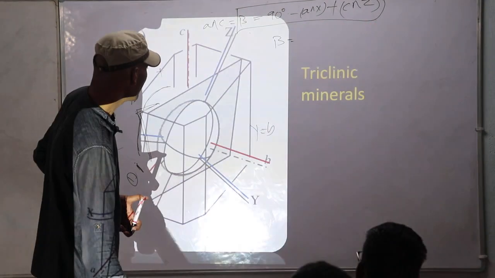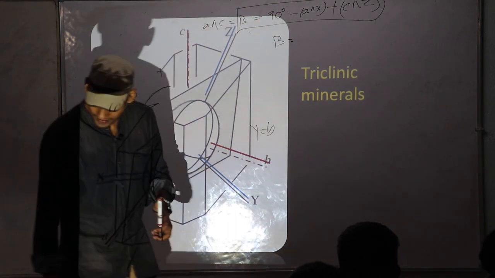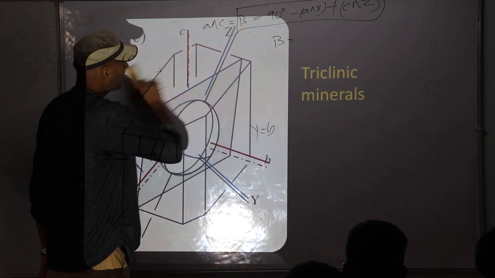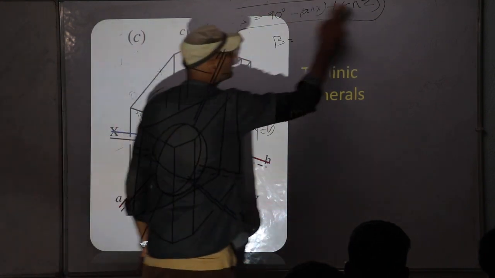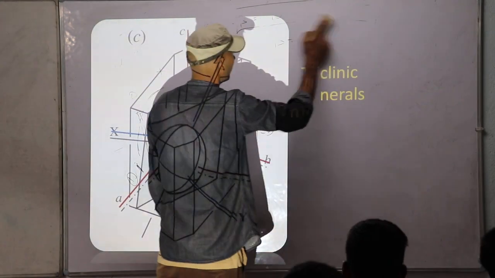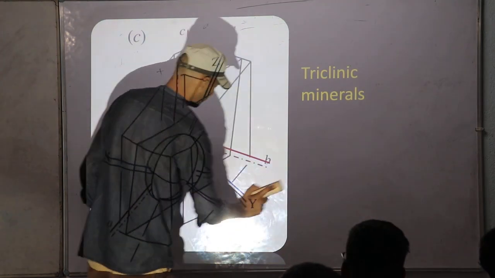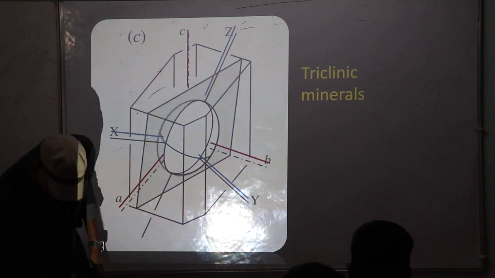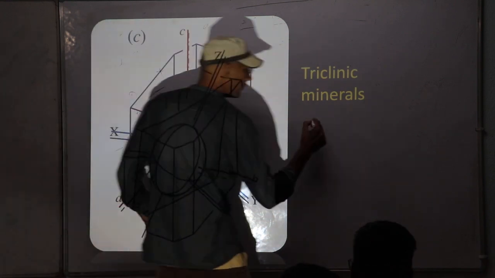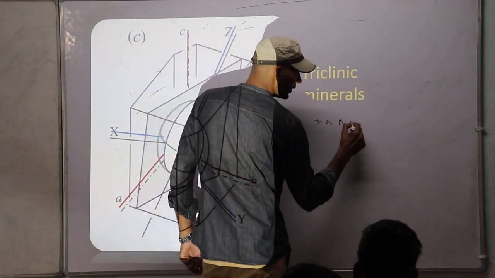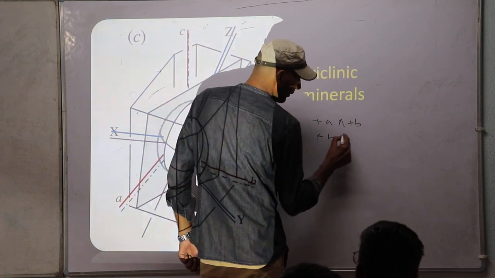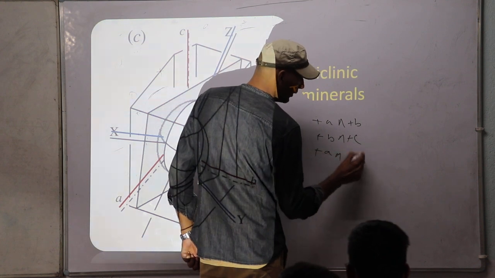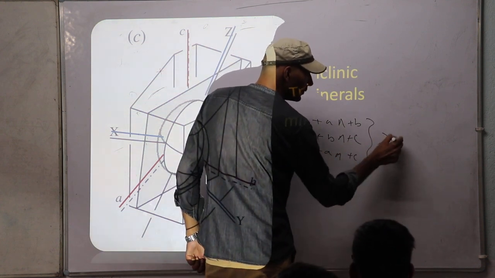Then moving to triclinic system, the three axes, they are at obtuse angle with each other. The positive ends of the axes, that means plus A, plus B, plus B, plus C, plus A, plus C, all are obtuse angles.